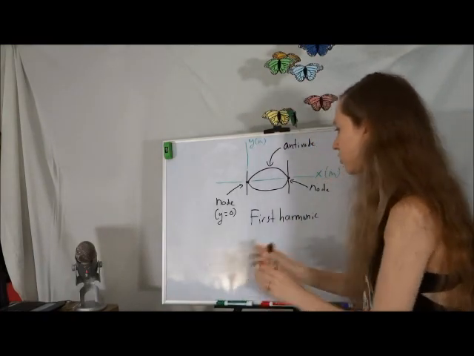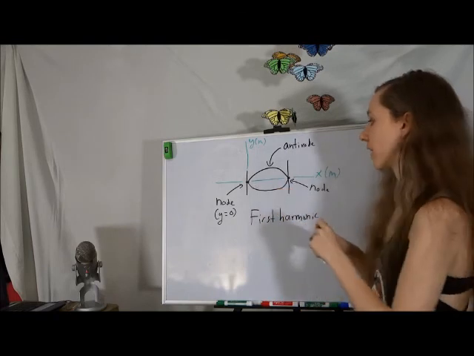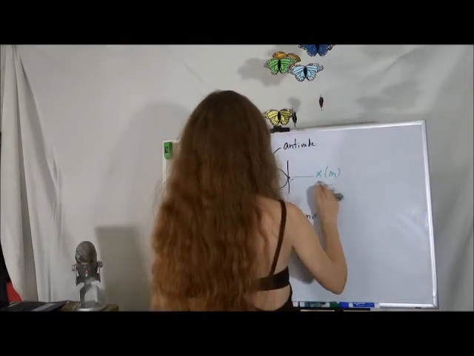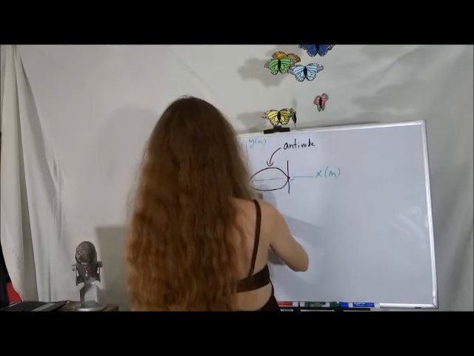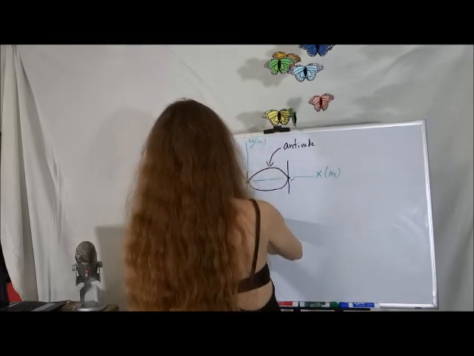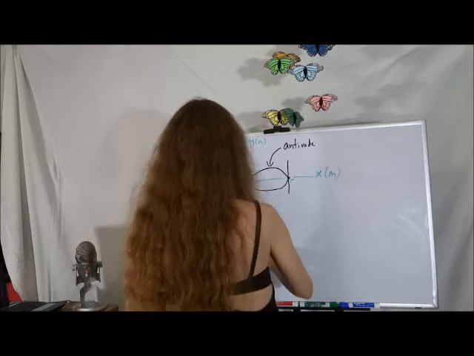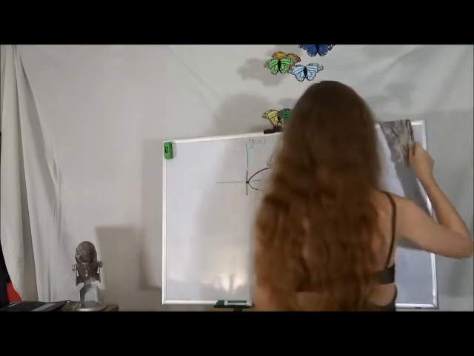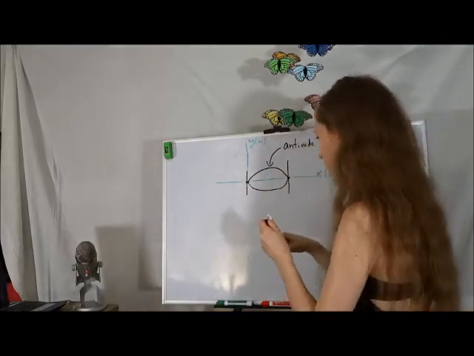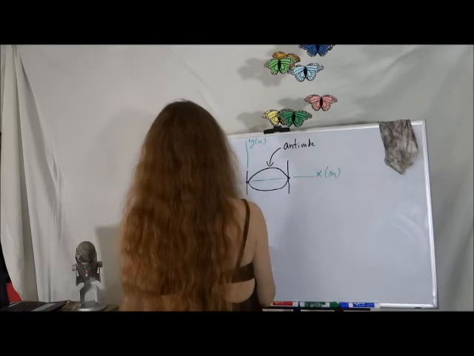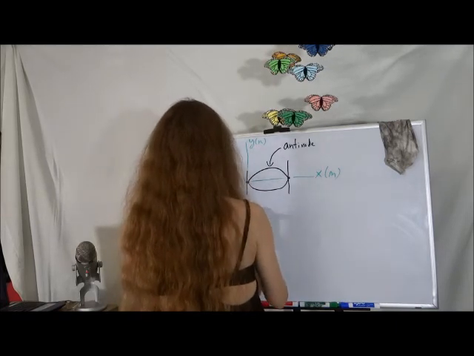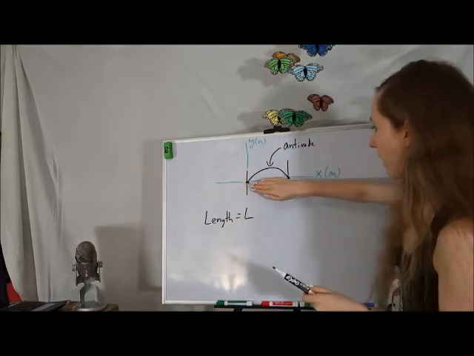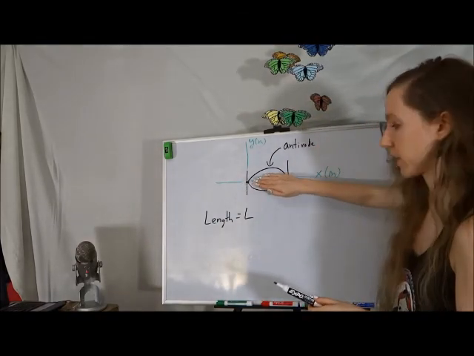Alright, so let's suppose that our string has some length L. So our length is L. Now, again just looking at this top part, we have half a wavelength here.